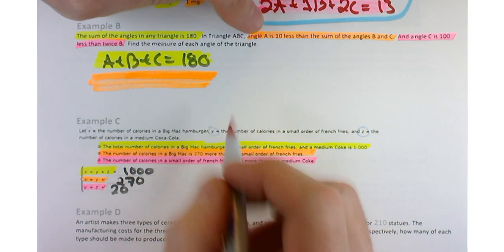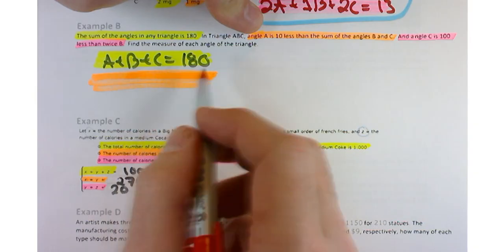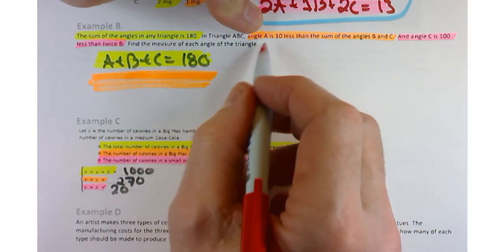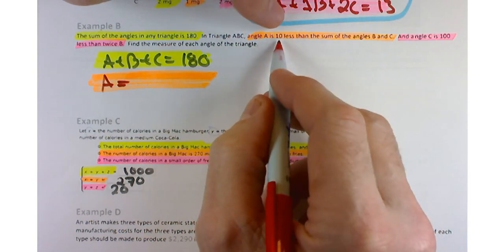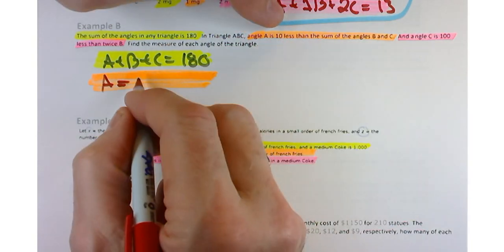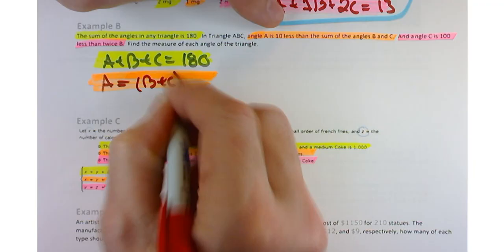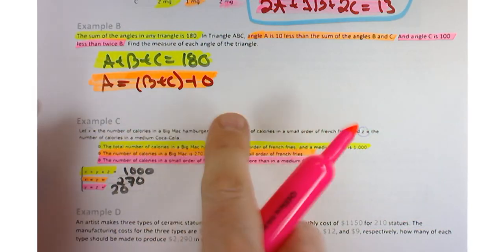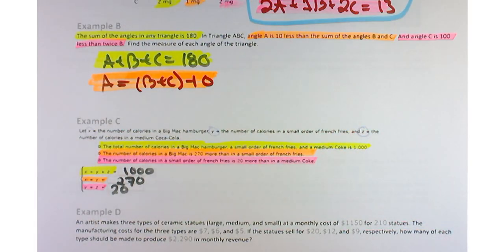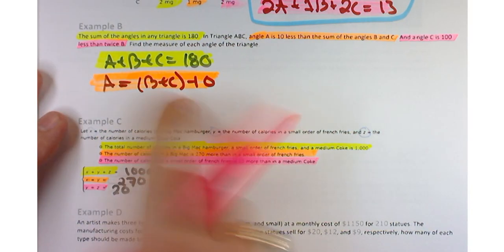Yeah. Now, I'll write it down in a slightly different order, but it's the same thing. Angle A is 10 less than the sum of B and C, so you've got B plus C minus 10. When it comes to solving this, we're going to rearrange those terms a little bit and do what we need to.